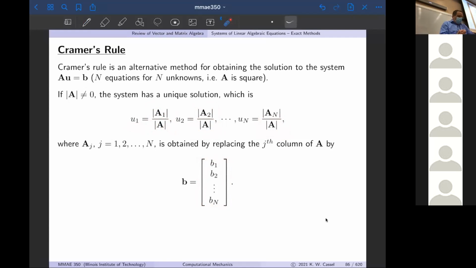It's really easy to do, and you'll see the example in a second. Then for the second one, you take the second column of A, replace it by B, find that determinant, divide by the determinant of A, and you get U2. So we love this technique because it's super simple. It's just a whole bunch of easy determinants doing the diagonal multiplication.